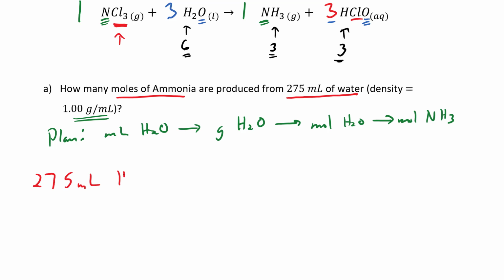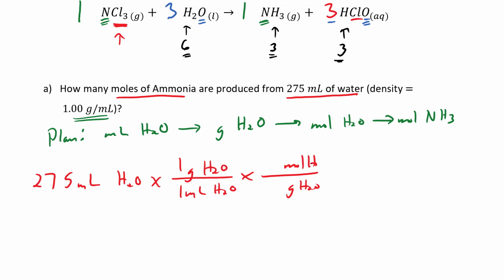275 milliliters of water. 1 milliliter of water is 1 gram of water. Please note, you must show me this step. Don't just magically change the value from mL to grams. Show me the conversion factor. Then I can go from grams of water to moles of water. Using the mole bridge, I can go from moles of water to moles of ammonia.